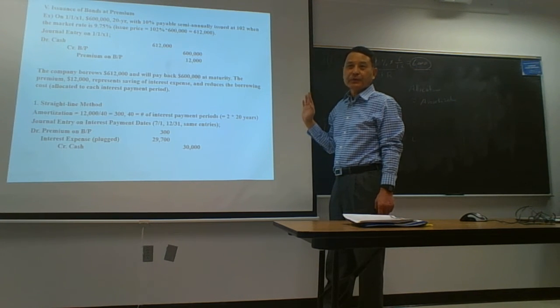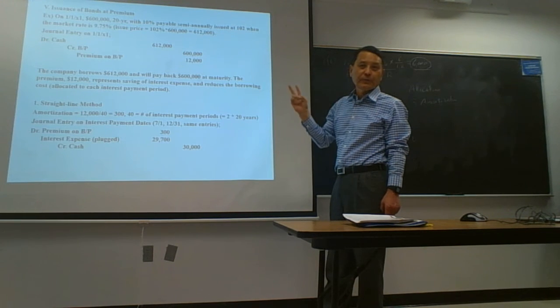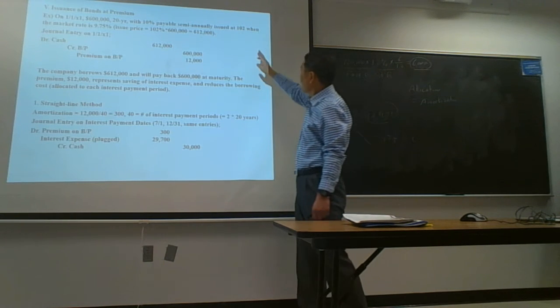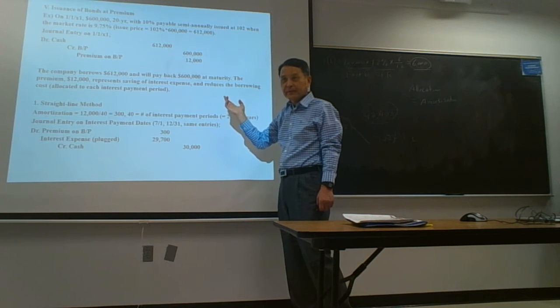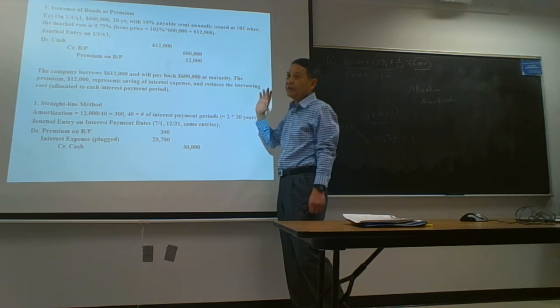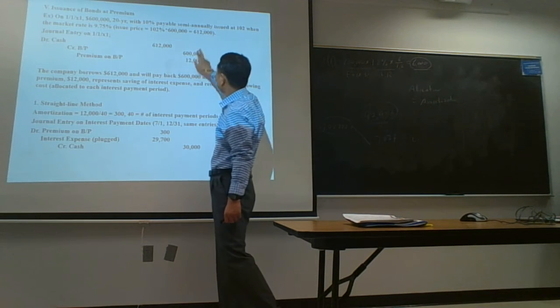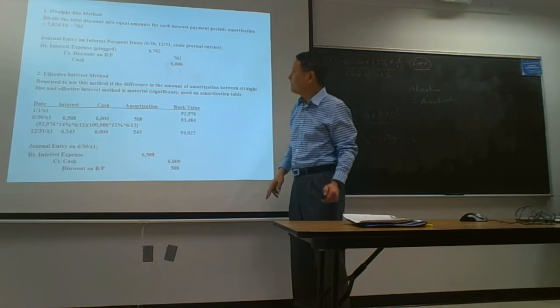What does 102 mean? 102%, right? So there's a 2% premium. 102 is the issue price of this bond. 102 is the present value or price of this bond. So the price of this bond is $612,000, as we studied last week.